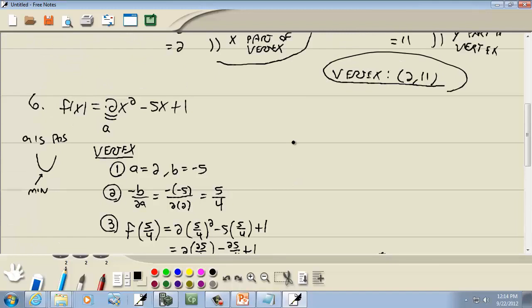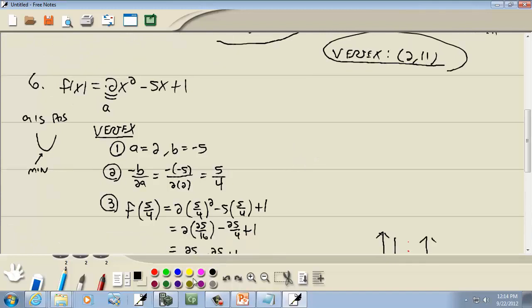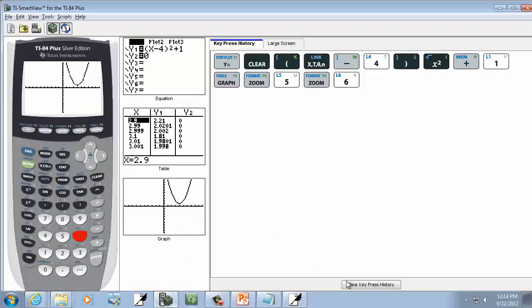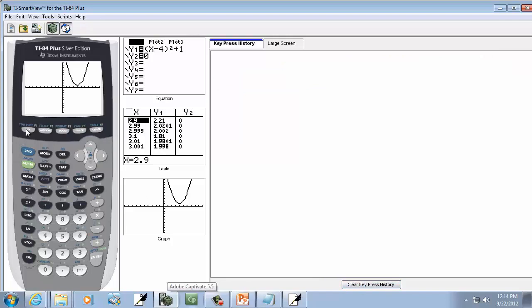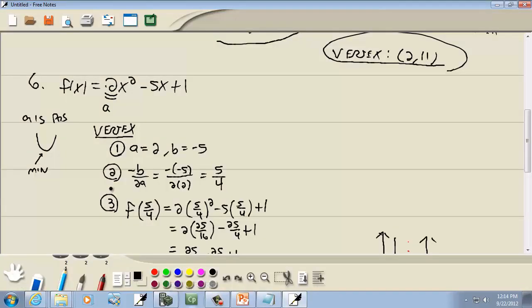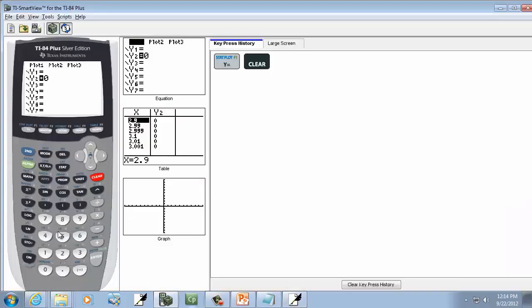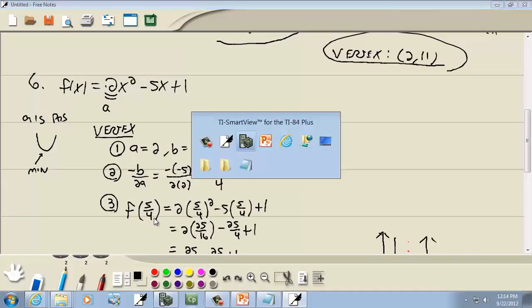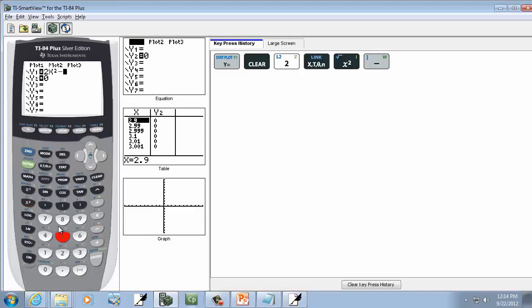Well, let's plug it in a calculator and see what it looks like. That's where you should go for a decent sketch. I say sketch because even though it's halfway precise, it's still not like a computer program would give you. It has errors. So I went to y equals, press clear. I'm putting in 2x squared minus 5x plus 1.